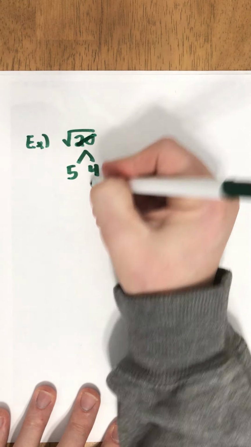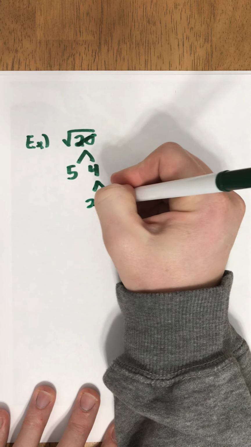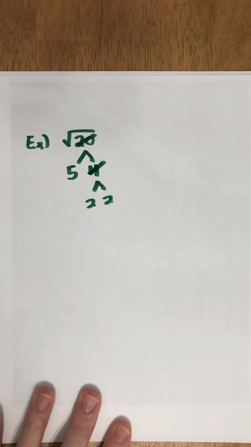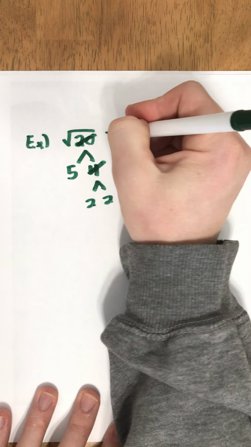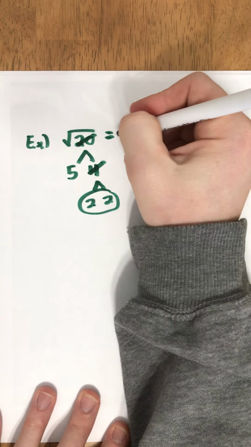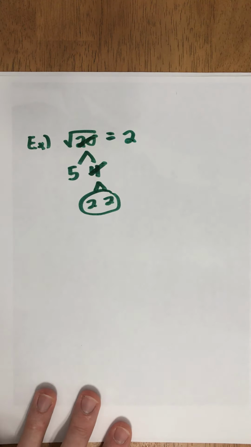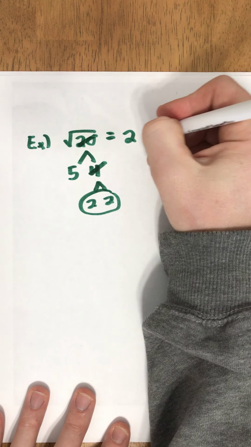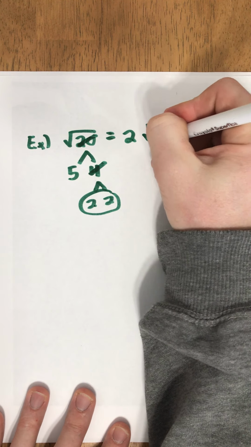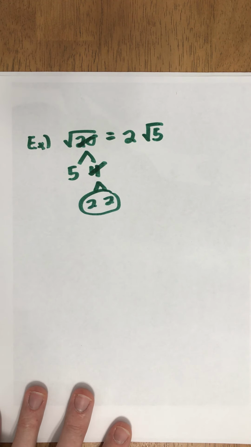And I can break 4 up into 2 and 2. Now, you'll notice that I have a pair of 2s. So those 2s are going to go outside of my square root. My 5 that I don't have a pair of will be left inside. So this will become 2 square root of 5.